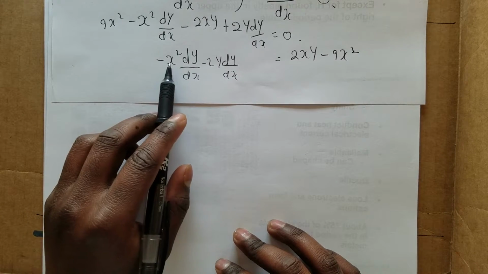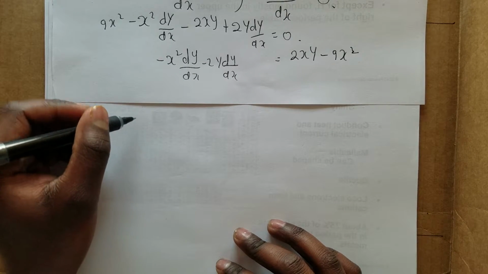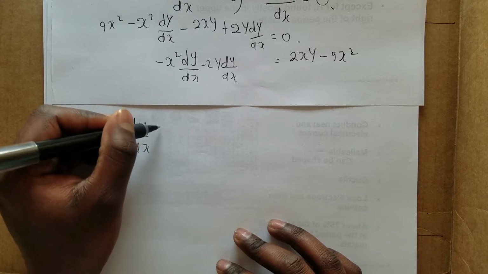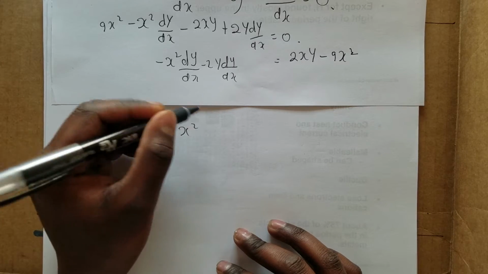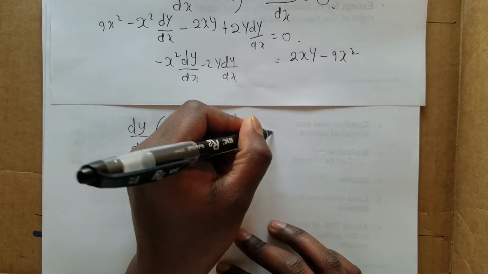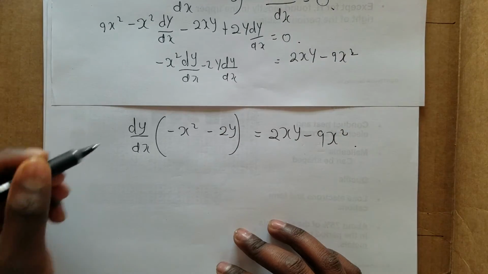Now just factorize this out because you want to get dy/dx by itself, so you get dy/dx times negative x squared minus 2y is equal to 2xy minus 9x squared.